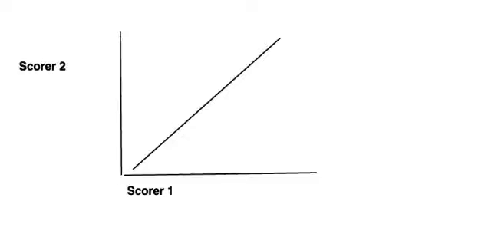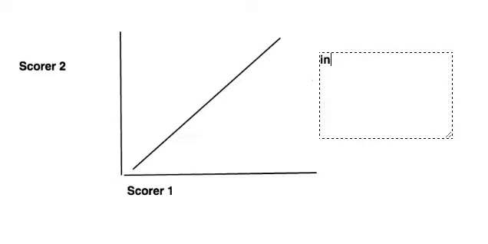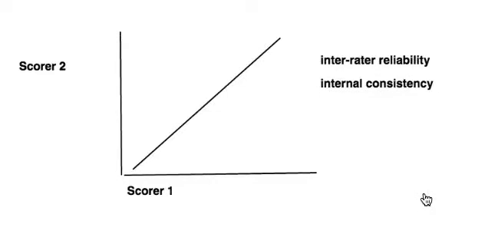What are these psychometricians trying to establish here? If you said inter-rater reliability, you're right. It's also sometimes called internal consistency, again, because we're trying to get a match between what one grader or evaluator gives it and what the second one does.